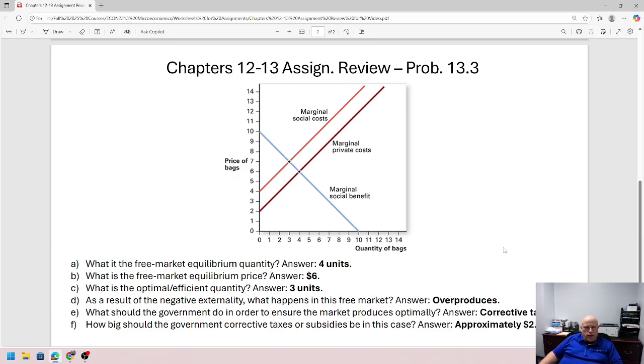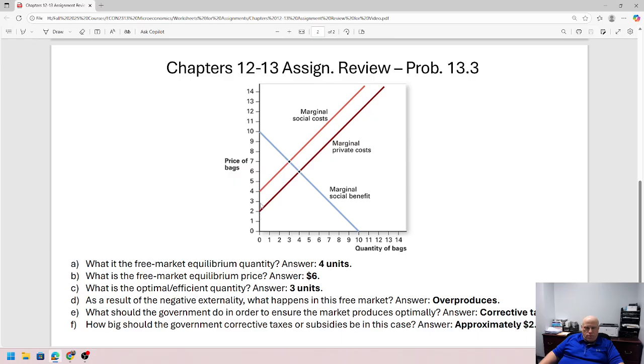Okay. All right. Now, the last question there, part F, asks us, okay, we know that we're going to have to impose taxes. Then how big should that government tax be? All right. And in this case, it's just like we did in problem 13.2. We would have to look at the distance between the marginal private cost curve and the marginal social cost curve.